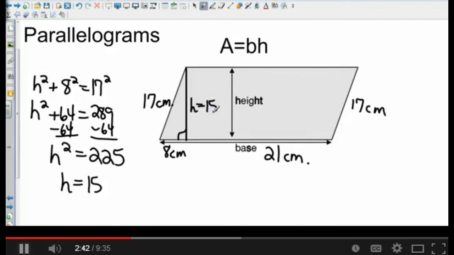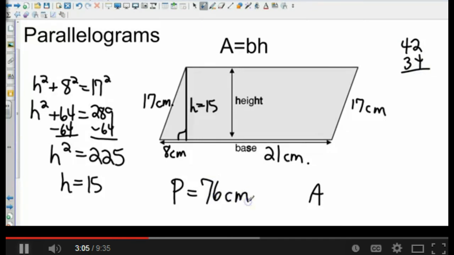They're going to ask us a couple things: to find perimeter, and to find area. For perimeter, we're just going to add everything together. We've got 21 times 2, which is 42, and 17 times 2, which is 34. That gives us a perimeter of 76 centimeters.